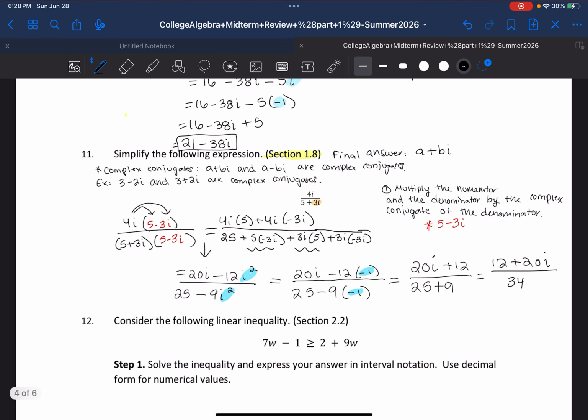And then what we need to do now is separate this into two fractions, because again, remember, we want it to be in this complex number form. So this is going to be 12 over 34 plus 20i over 34. And then, of course, these fractions can be simplified.